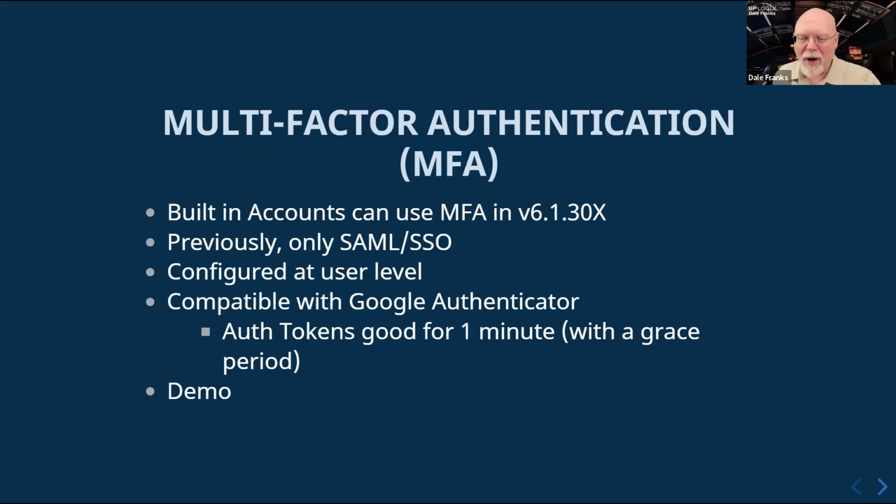So you've always got a code that's good for a minute, and that is the grace period that we are implementing. I don't believe that in the version we're going to look at, we actually have the grace period implemented yet. That is something that we're still programming. So I'm going to have to be sure that I'm within that tighter 30-second window to authenticate. But with all that in mind, let's take a look at how it works.